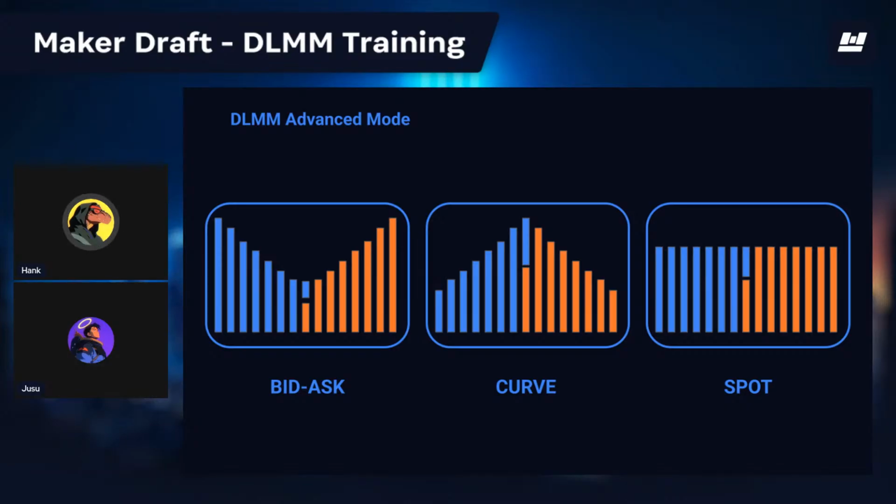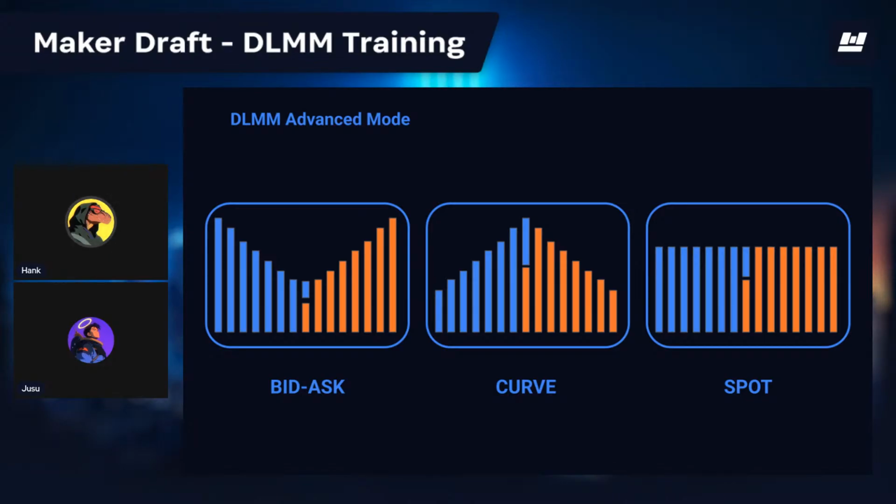So in the advanced mode, you can take bid ask, curve, or spot shapes. Depending on what you choose, for example, the bid ask would allocate less around the current trading bin, and then increase the allocation to each side.